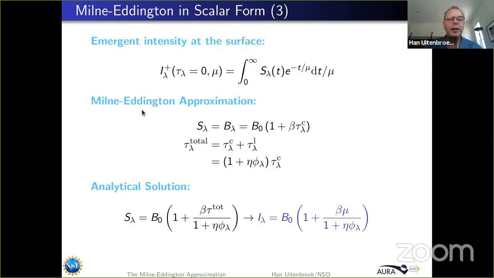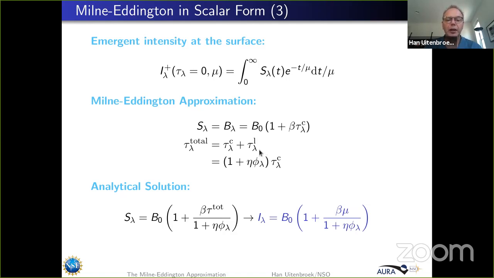Then we apply the Milne-Eddington approximation and write that the source function is equal to the Planck function, B0 times 1 plus beta times the continuum optical depth. Now, if we have a line overlapping with that continuum, then the total optical depth is the sum of the continuum plus the optical depth in the line.